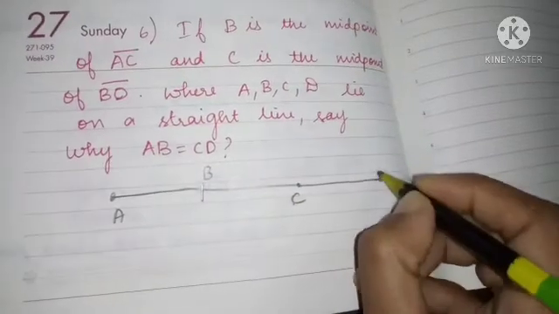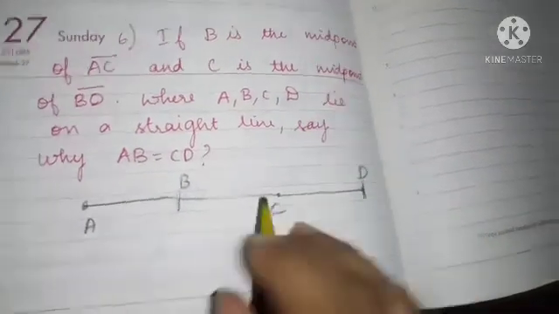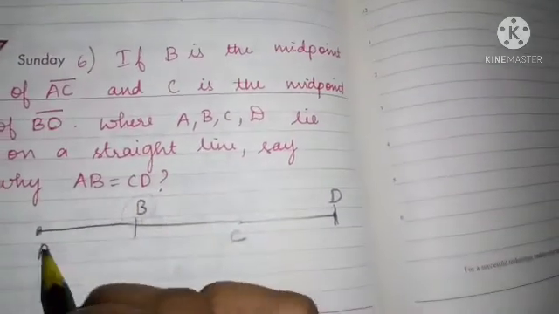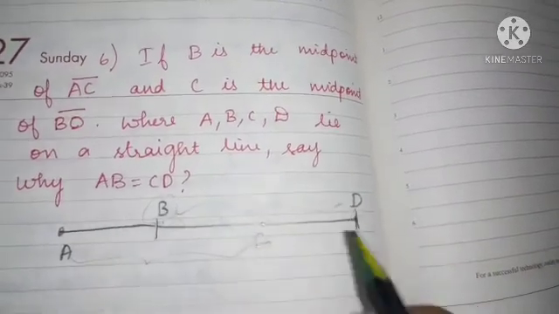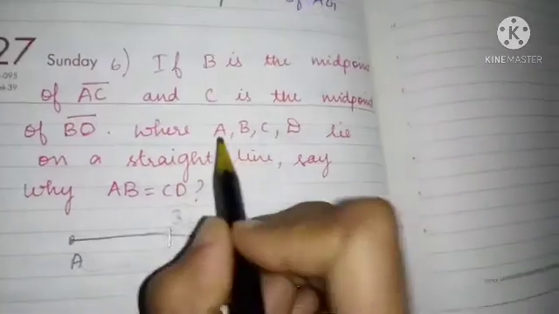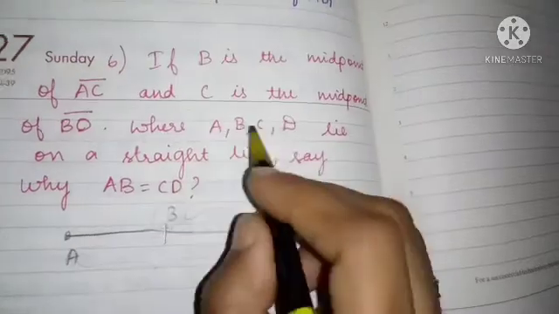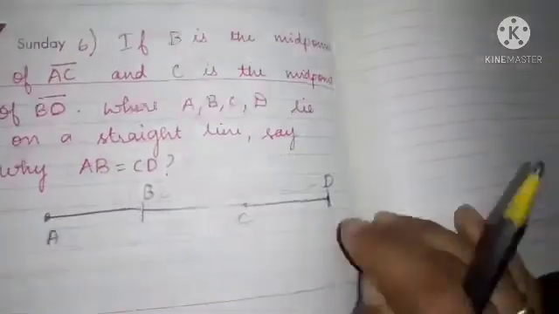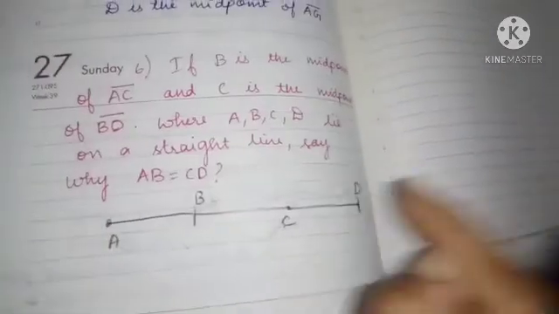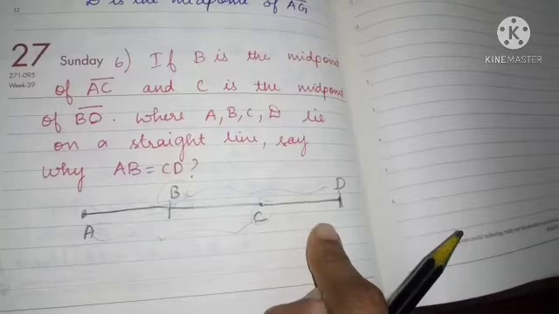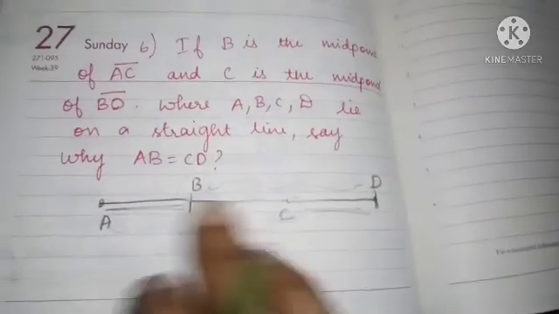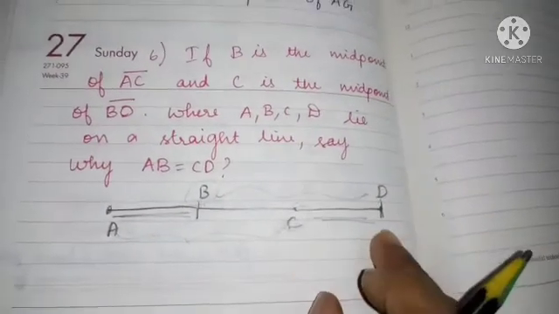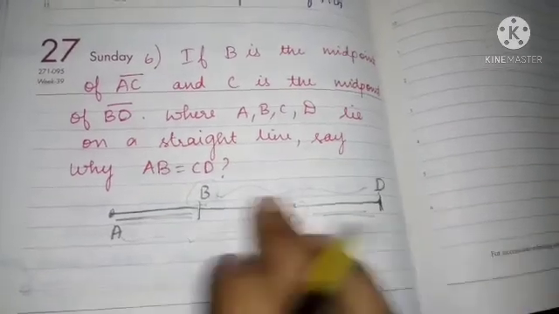C is the midpoint of BD. See children, B is the midpoint of AC, C is the midpoint of BD. A, B, C, D lie on a straight line. All these points lie on a straight line. Then we should say AB is equal to CD. That we should show.